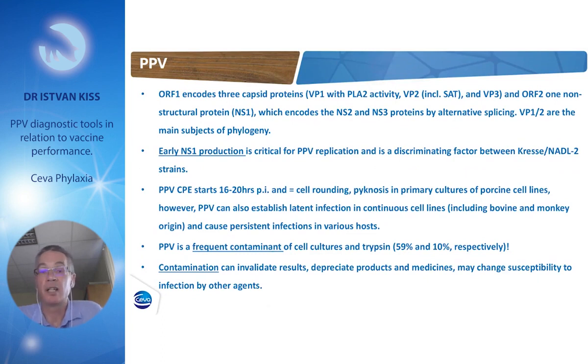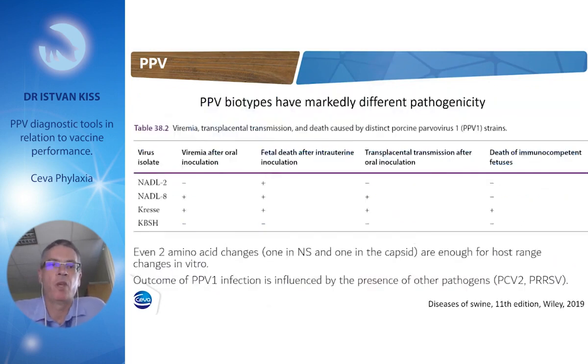So it can invalidate, or at least affect, test results. For example, it is a problem if it is unwantedly present in products. And of course it may change susceptibility to other infectious agents.